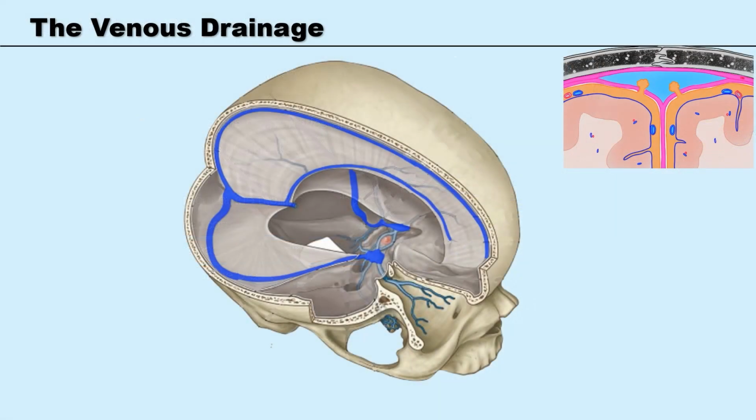The venous system of the brain is slightly different to the rest of the veins we've looked at during our journey. The sinuses formed from the periosteal and meningeal dura open up in specific locations to allow for drainage of the brain. These sinuses act like veins, but they are not constructed in the same manner.